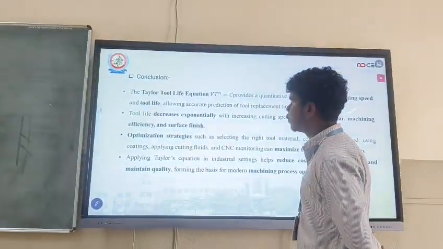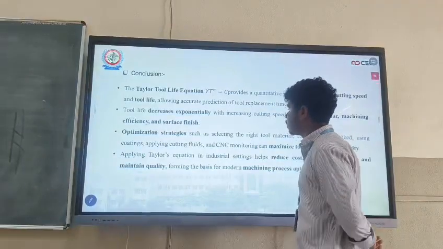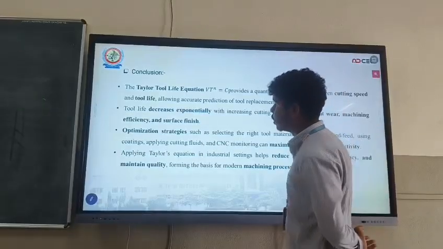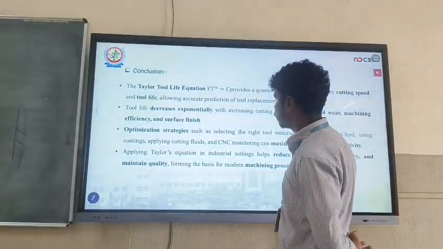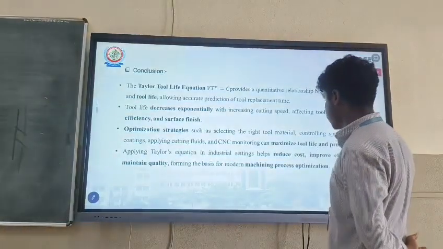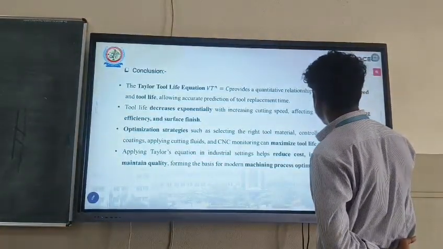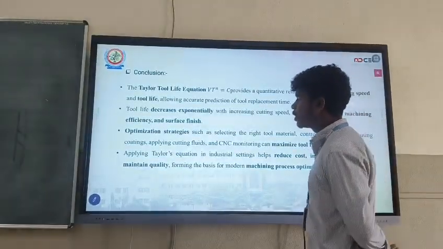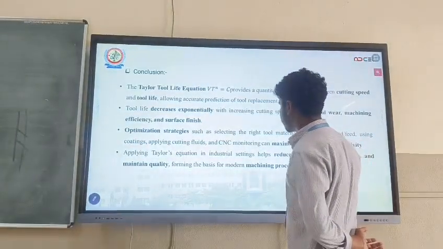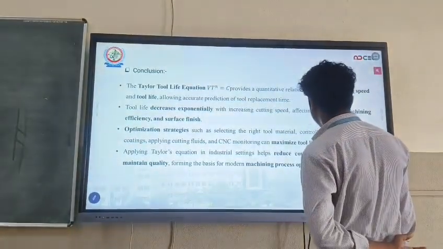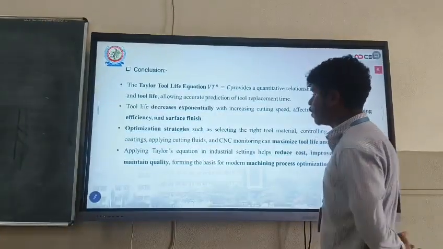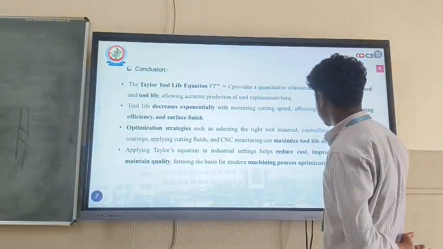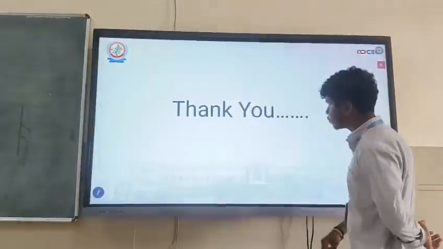Third, optimization strategies such as selecting the right tool material, controlling speed, applying cutting fluids, and CNC monitoring can maximize tool life and productivity. Fourth, applying Taylor's equation in industrial settings helps reduce cost, improve efficiency, and maintain quality, forming the basis for modern machining process optimization. Thank you.